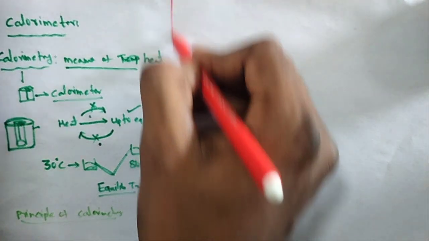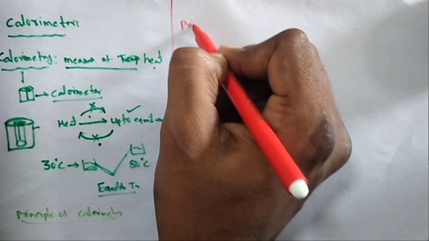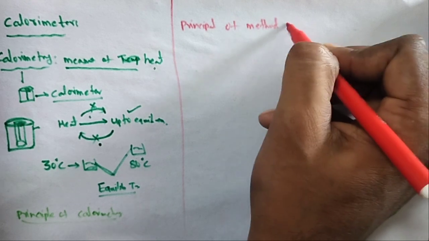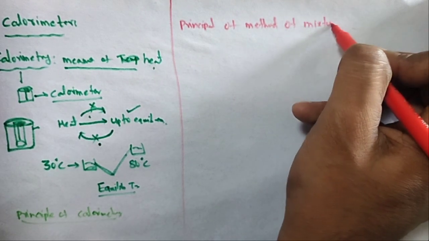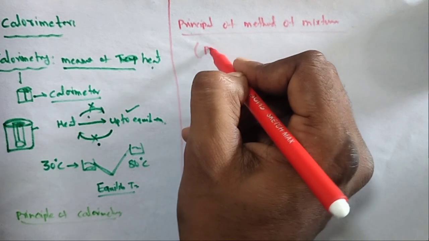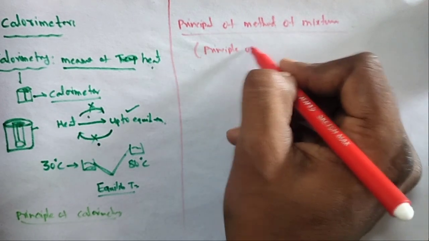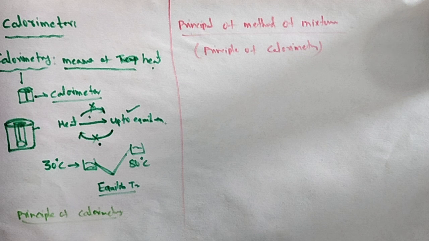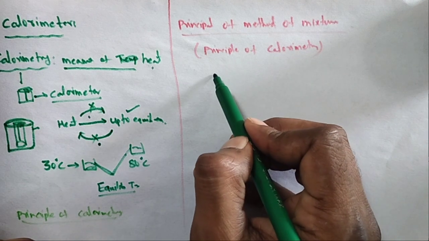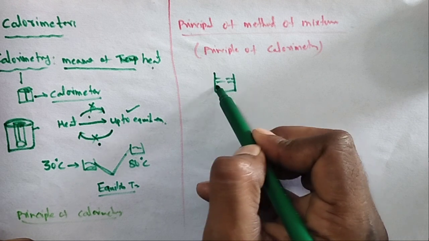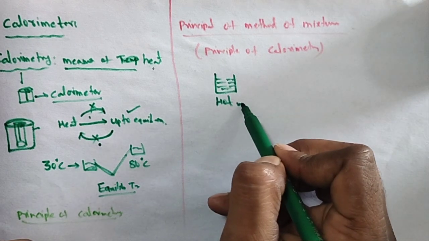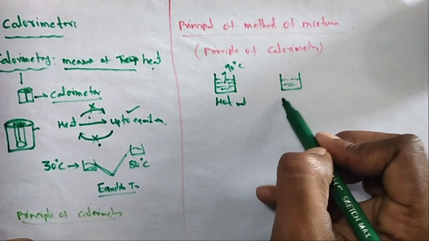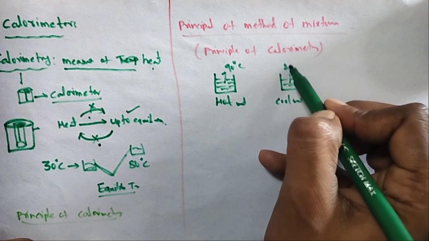Here I will explain the principle of calorimetry, or the principle of method of mixtures. Here this is hot water at 90 degrees Celsius, and this is cool water at 20 degrees Celsius.